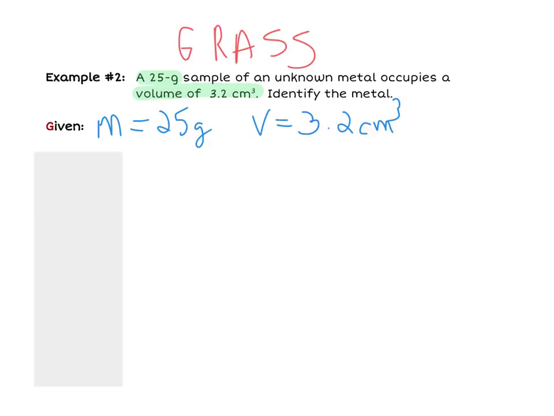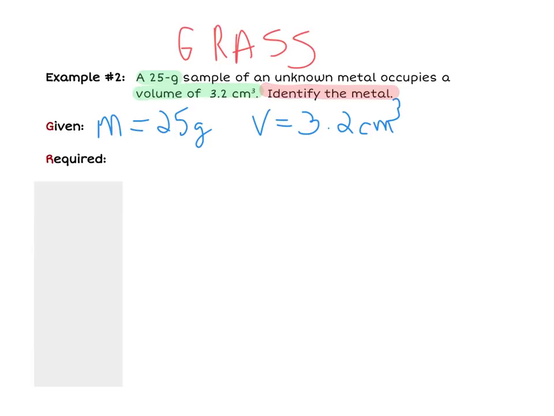There we go. All right, so next is required. Required to find. What in this question am I asked to find? Usually I say look at the last section of the question in order to figure out what's being asked. And here they're saying identify the metal.